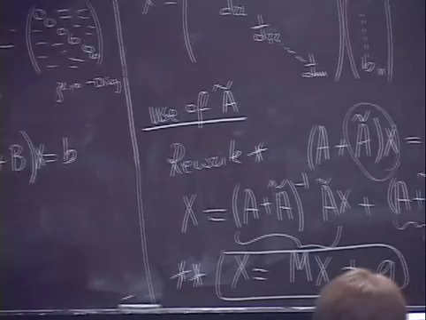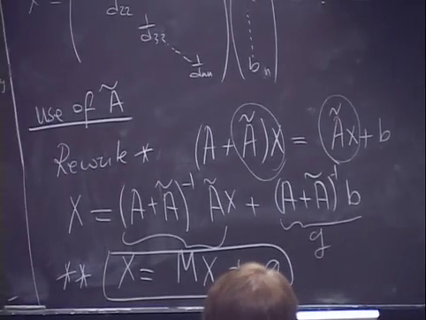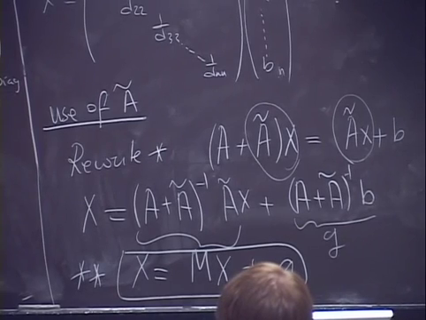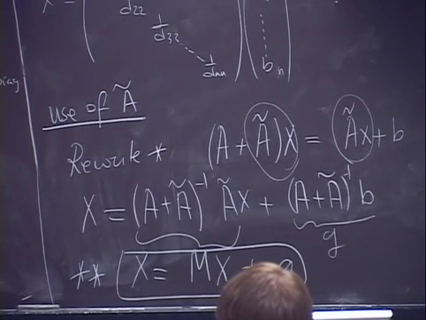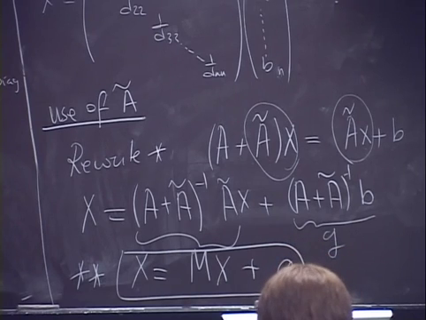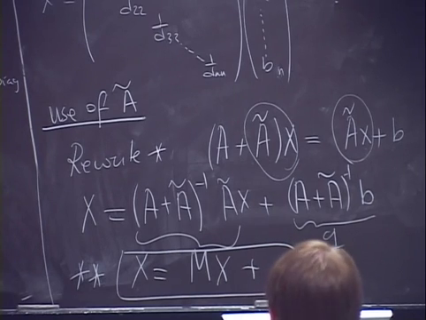Sometimes, if you try to solve this numerically using the iterative technique, it will blow up and not converge. This means that you did not pick the right A tilde. The main point is to pick a right A tilde that will make the inversion easy.